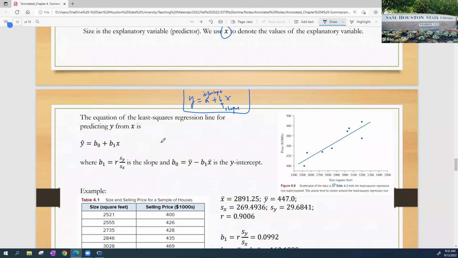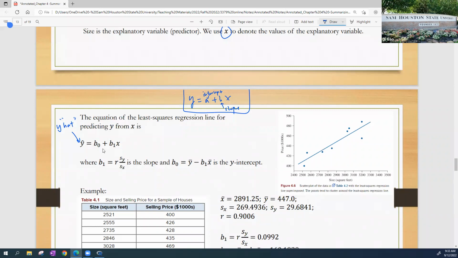Here we just change the notation a little bit for that line. So the equation of the least squares regression line for predicting y from x is y hat equals b naught plus b1 x. We call it y hat, where the hat means the estimated or predicted value. And b naught is the intercept here, and b1 is the slope.